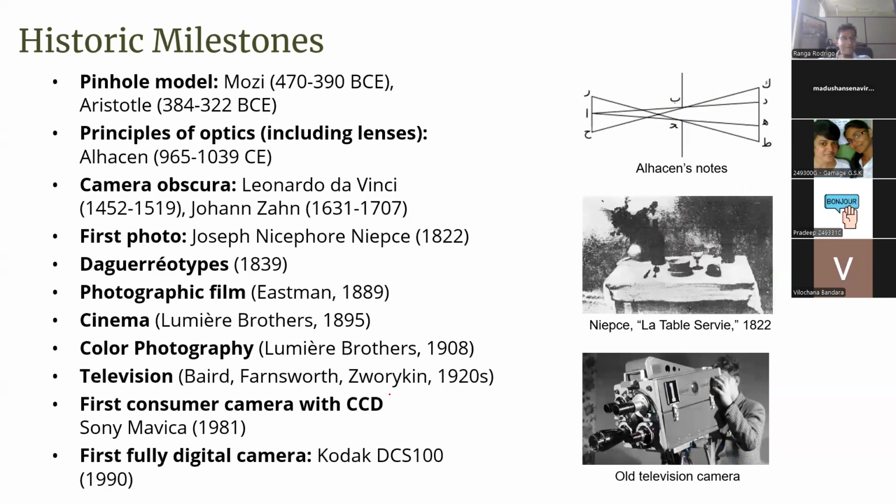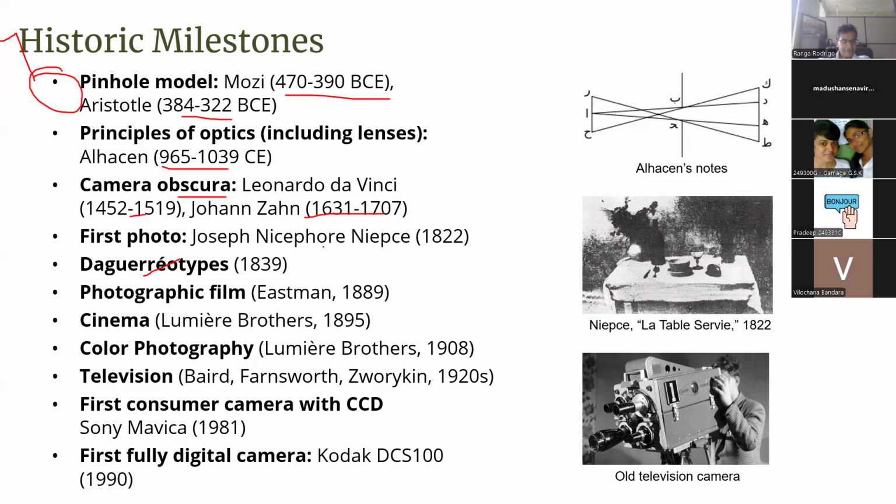So a little bit of history about cameras. People have known about the pinhole camera a long time ago, around 390 BC, and Aristotle must have known about the camera. Then the principles of optics, including the lenses, have been known. Camera obscura, Leonardo da Vinci.